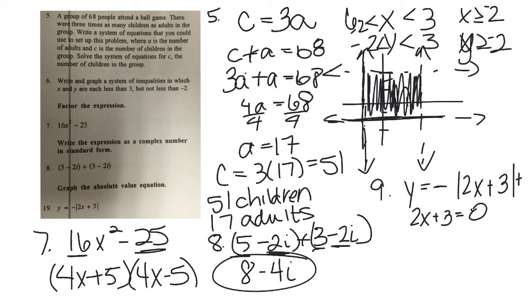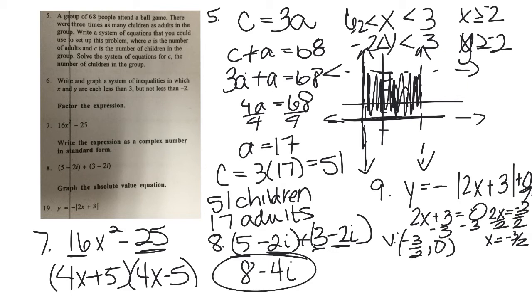There is no k over here, so it's going to be at 0. So minus 3, 2x equals negative 3, and x is negative 3/2. So my vertex is negative 3/2, comma 0. And I know that it opens down.